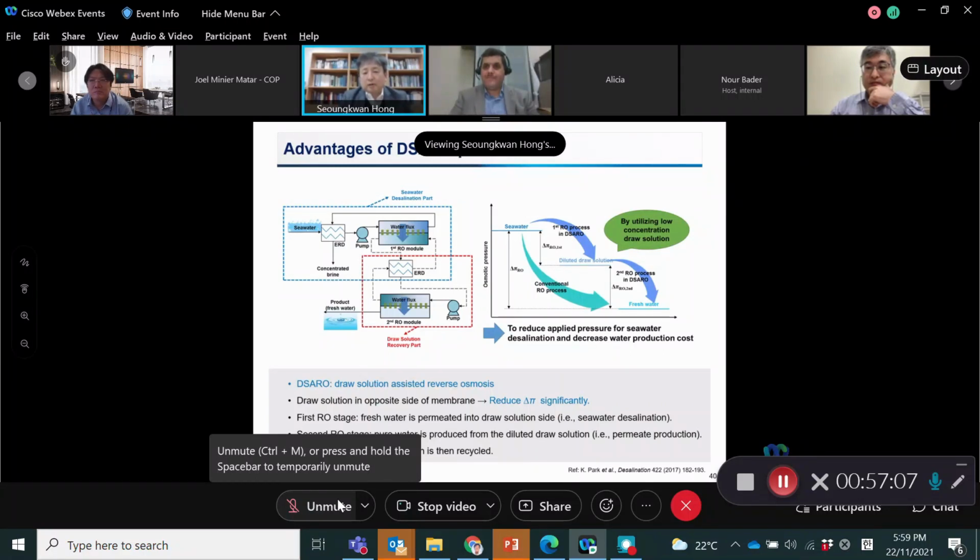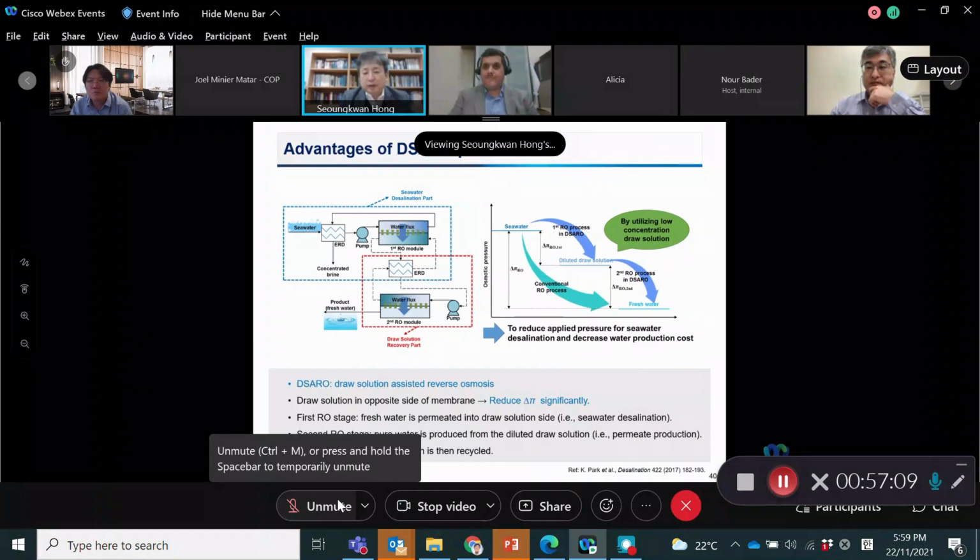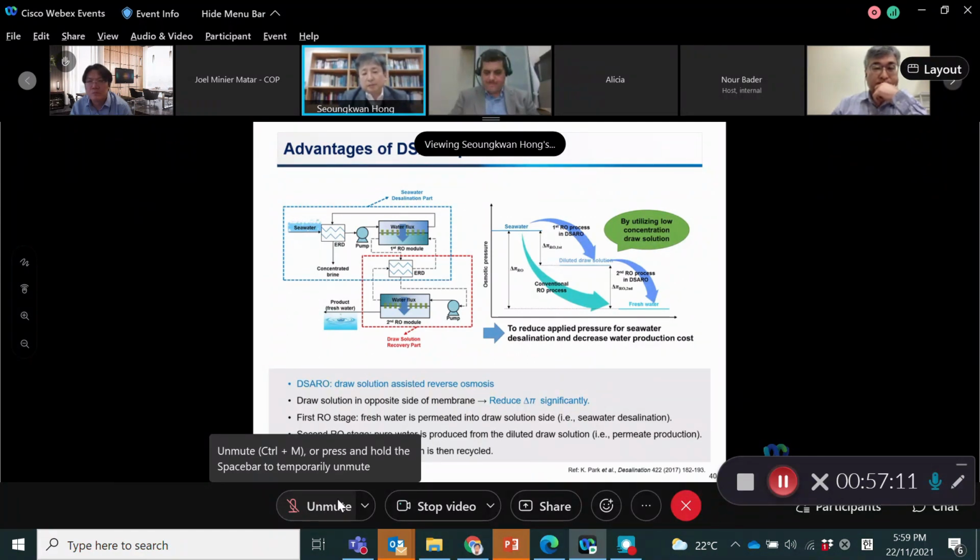That causes fouling problems, which eventually has some impact on SEC, the energy consumption. So I can say it in two ways, operational and theoretical.